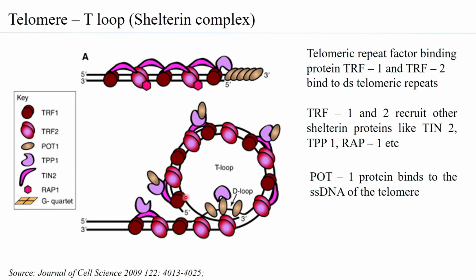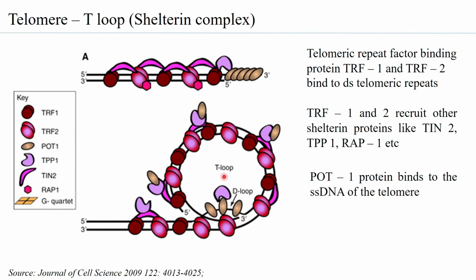Therefore, it can invade a double-stranded telomeric region, displace the GT-rich strand, and in turn bind complementarily to the CA-rich strand. So what will happen at this point is that the overhang, the end of the telomere, is now no longer free. Instead, it is forming a complementary binding with the telomeric region itself.